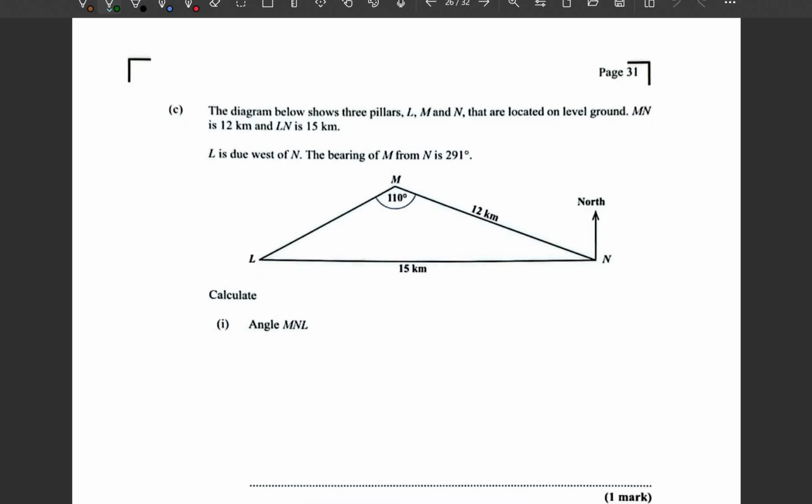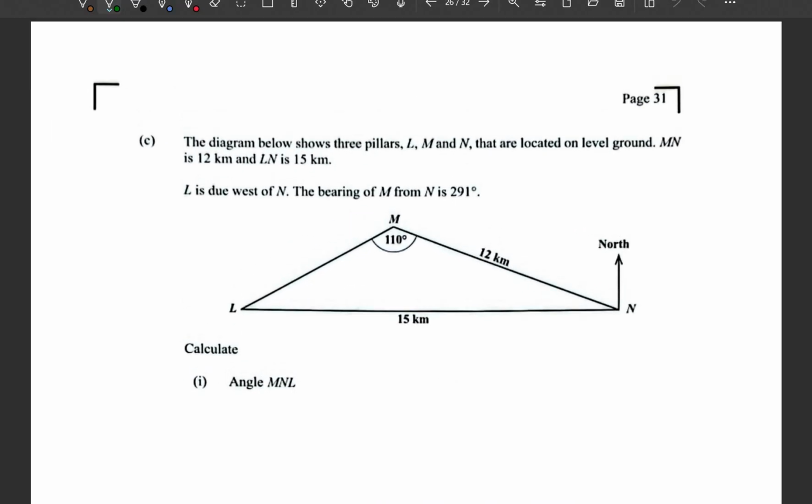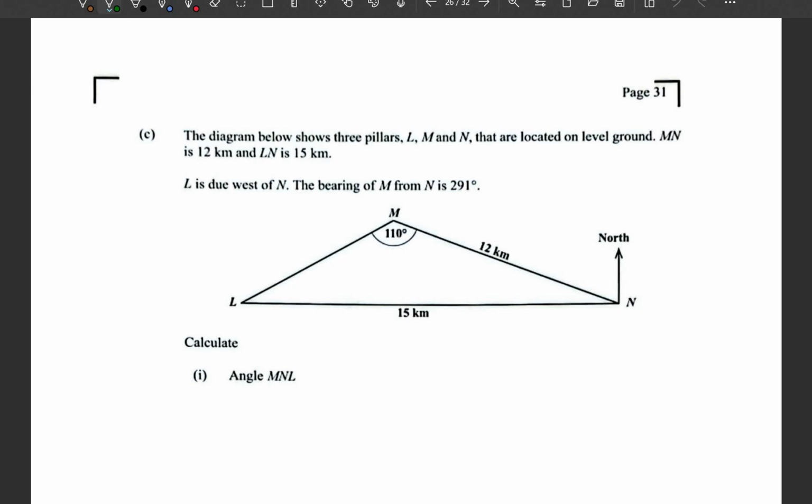Right, part C, the diagram below shows 3 pillars, L, M, and N, that are located on ground level. MN is 12 kilometers and LN is 15 kilometers.